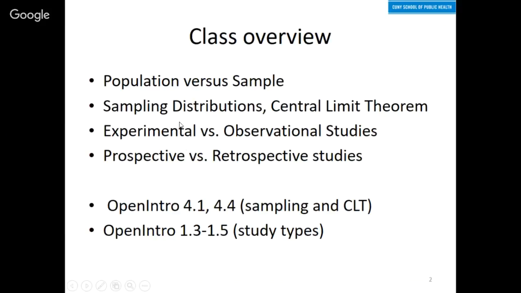I'll talk about what is the difference between a population and a sample, and distinguish between experimental, observational, prospective, and retrospective studies, but spend most of the lecture talking about sampling distributions in the central limit theorem. And then next week, we'll start applying this to confidence intervals.